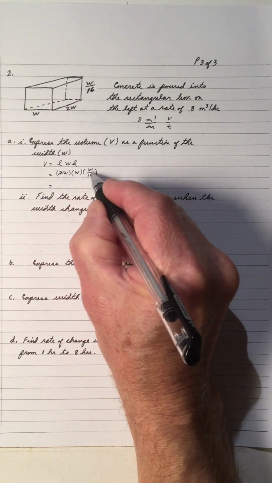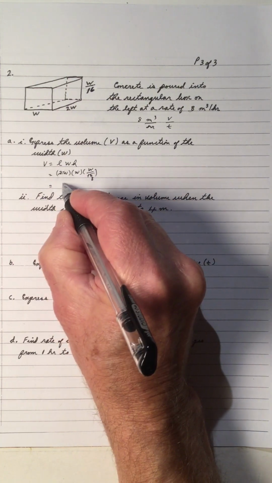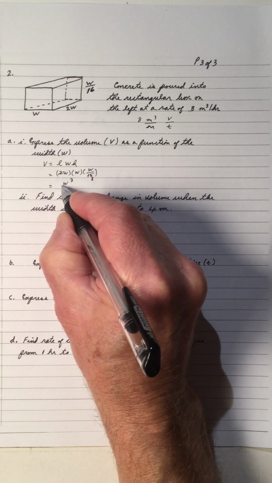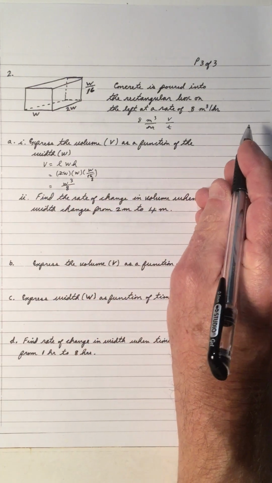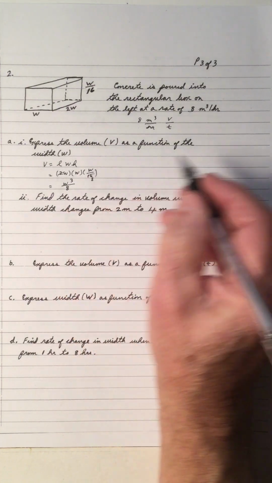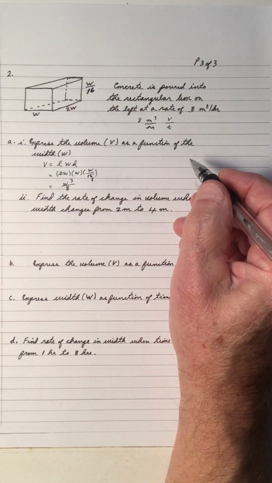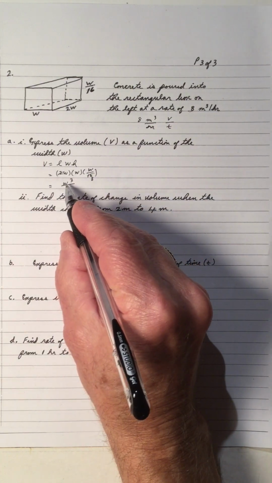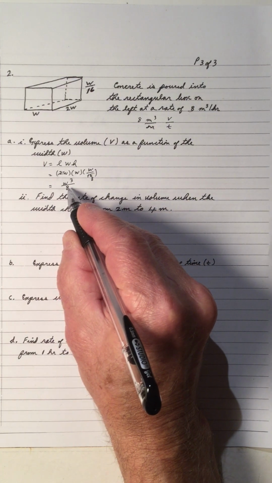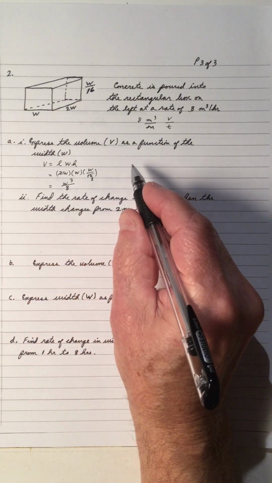So the 2 cancels into 16, giving 8. So you get W cubed divided by 8. That's the volume as a function of the width. And the width is in meters, so this is cubic meters per hour, and the time is hours.